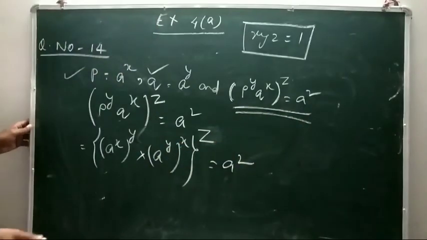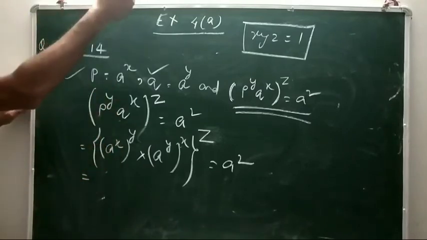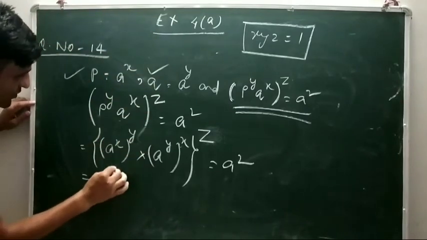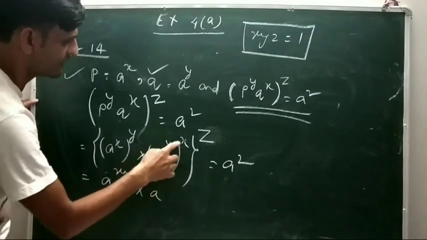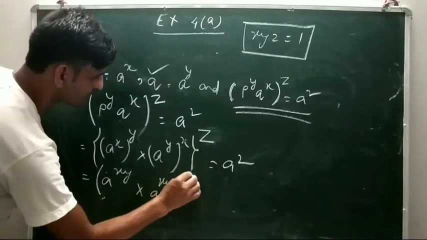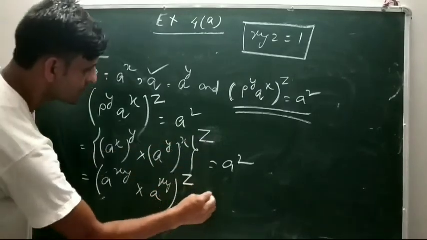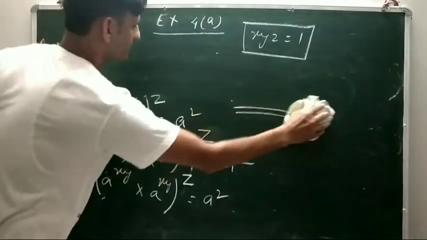Okay. Now let us go to the next part. There are powers and another power on top. So that means it is a to the power xy multiplied by again a to the power xy. Then there is the power z, which is equal to a square.